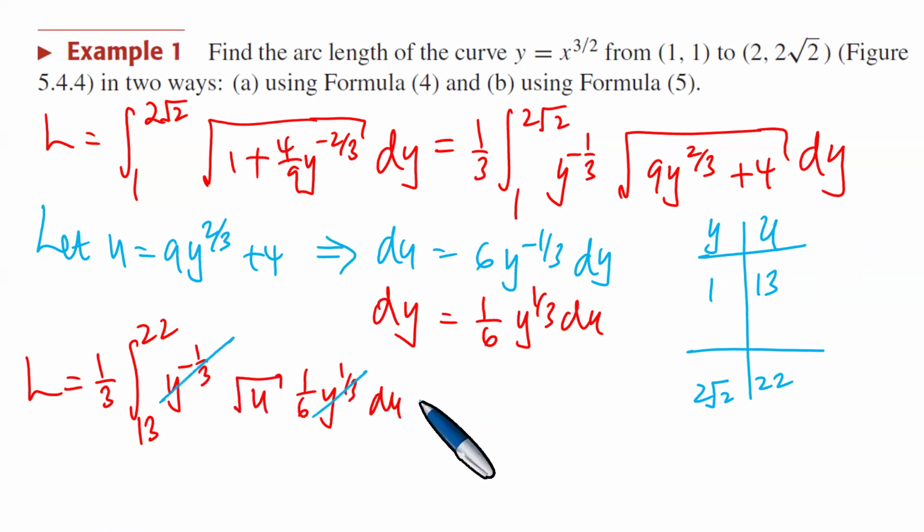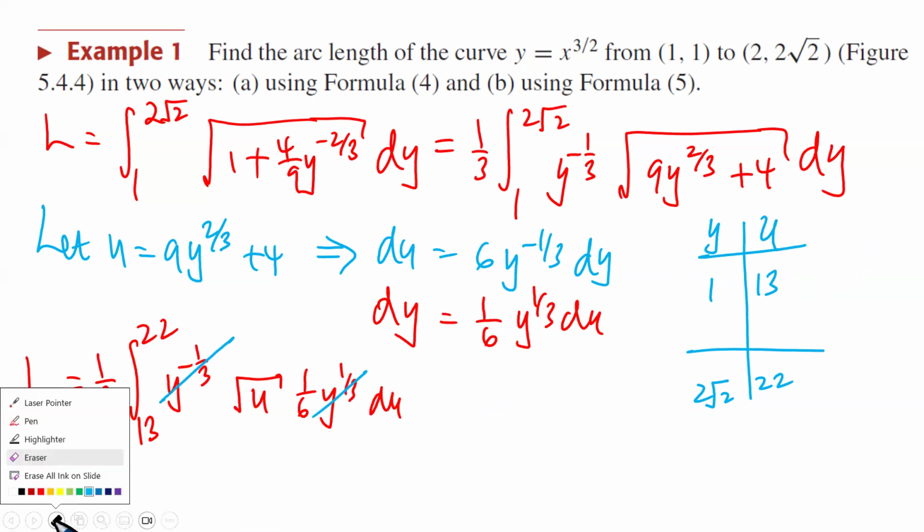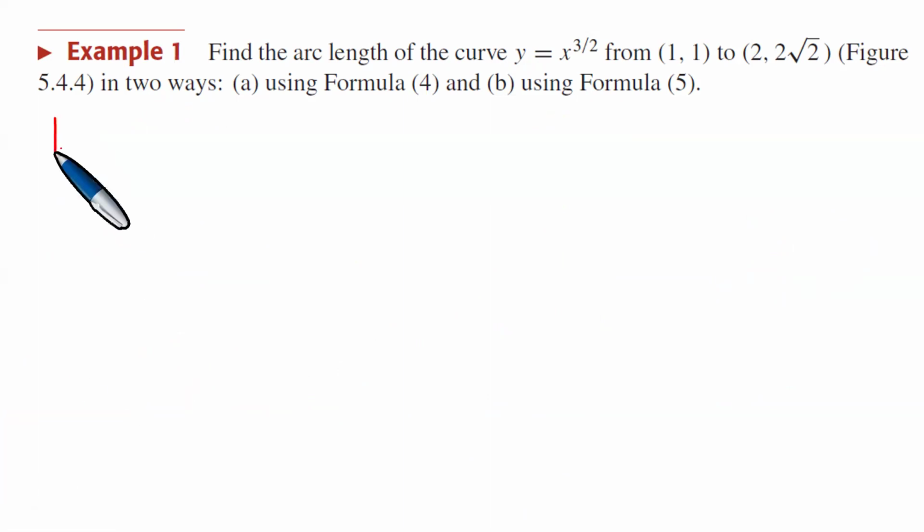So you cancel this, and then you have 1/6. And then 1/6 and that. 1/3 and 1/6. Check. This means L is 1/3.